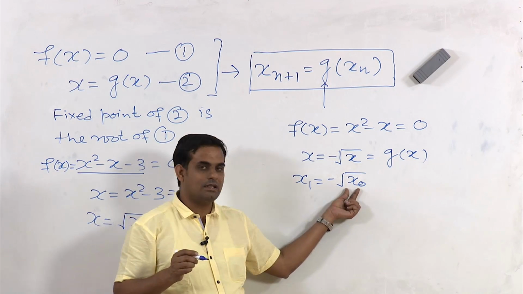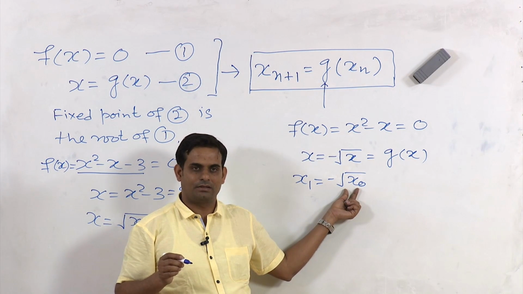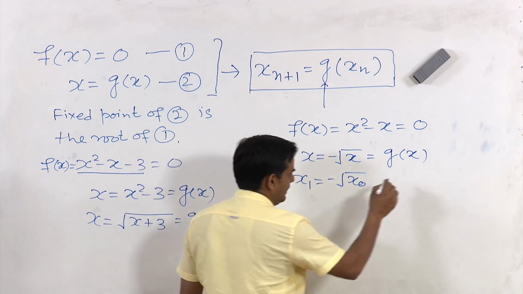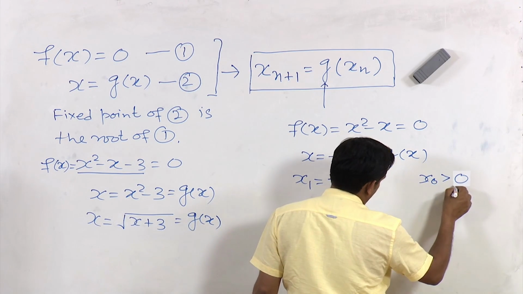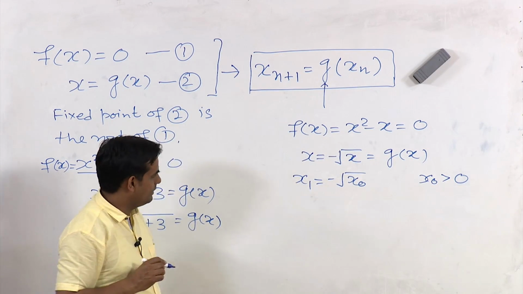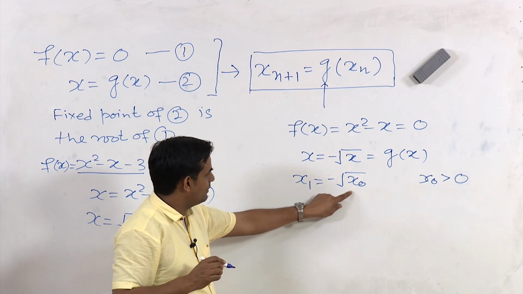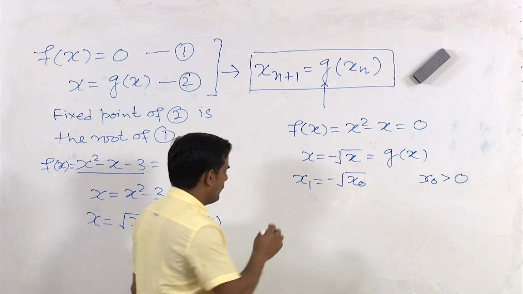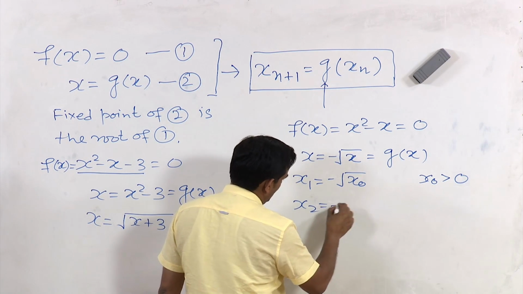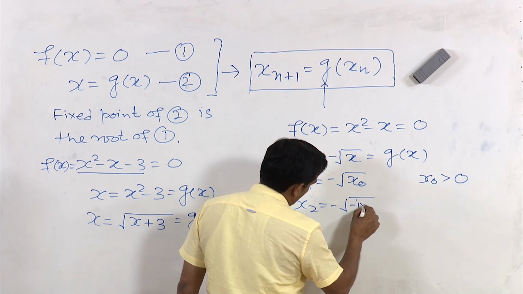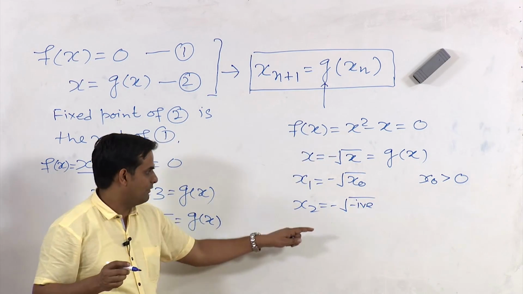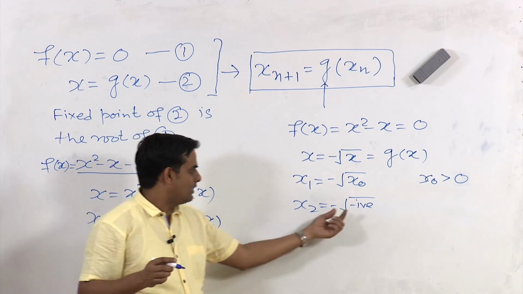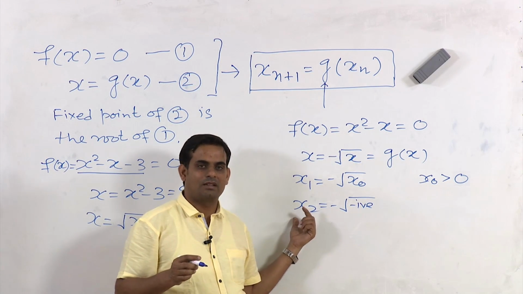Now, this g of x is defined only for positive or non-negative x. So, if x naught is greater than 0, I will be able to find x1, which will be a negative number. Now, when I calculate x2, that will be minus square root of a negative number, which comes from the first iteration. I will not be able to find x2.